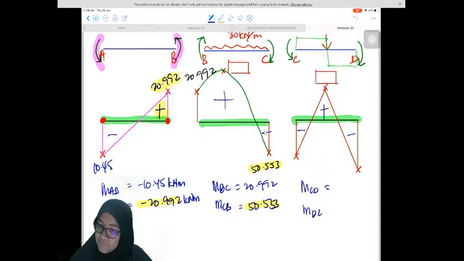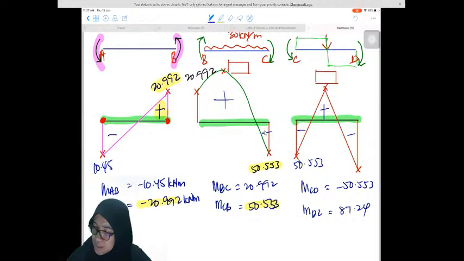So this is 50.553 and this one is 87.24. Remember, one is negative and one is positive, because whenever we total this, we will get zero value.